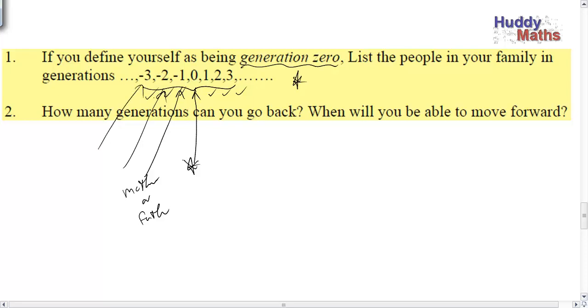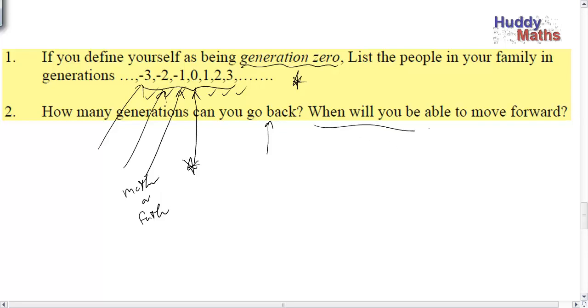Can you list those members of your family? Do you know their names? And you would have various names for your mother or father's mother or father, like Nana or Granny or Pop or something like that. So think about those names. Now, how many people can you go back that you remember? Can you look up old photos? Maybe bring a copy of one of those photos in and stick it on the board. That'd be interesting.